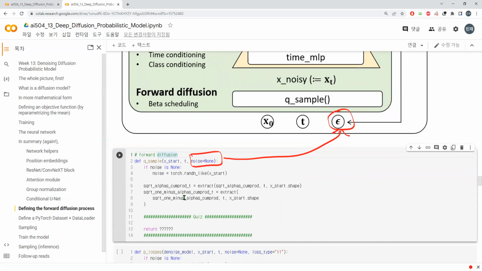And what we have to do is let this Q sample function output the x noisy using these 3 elements. Okay?